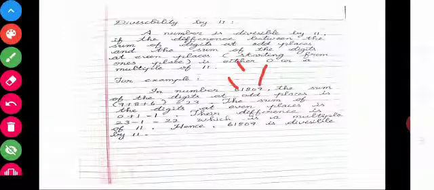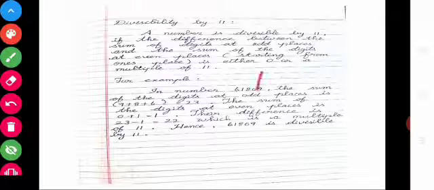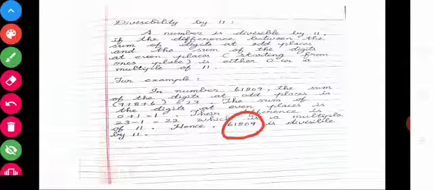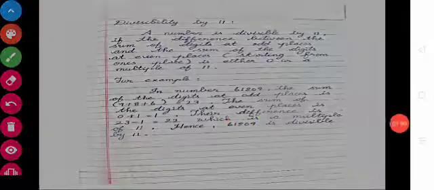Add 9 plus 8 plus 6, it is equal to 23. Next, the sum of the digits at even place. 0 and 1. 0 plus 1, it is equal to 1. Their difference, 23 minus 1, it is equal to 22. So 22 is divisible by 11. 2 11s are 22. So the number 61,809 is divisible by 11.